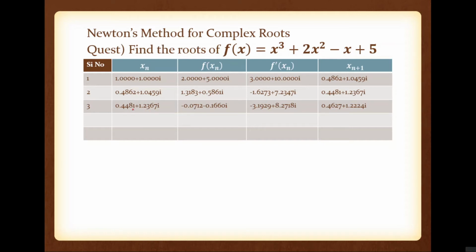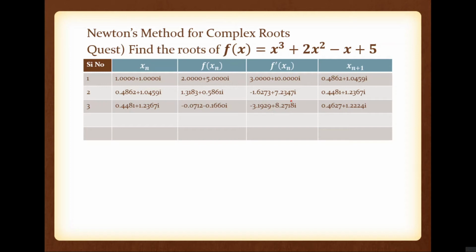If you substitute this into f of x, we have minus 0.0712 minus 0.1660j, that is f of xn. Now f dash of xn is minus 3.1929 plus 8.2718j.